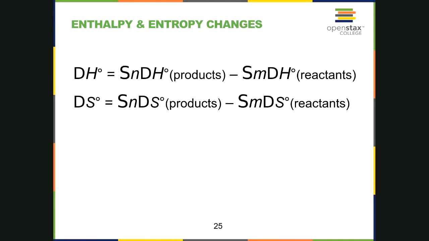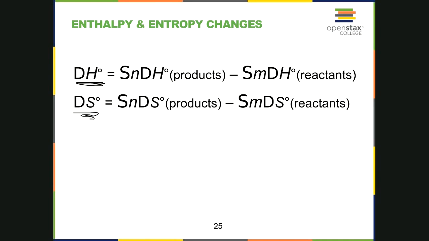I hope it's not throwing you the symbols being messed up. So we can calculate the enthalpy from the formation values. We can calculate the entropy from the formation values. And then we could take both of those and use the Gibbs free energy equation to get the delta G if we needed to do that.